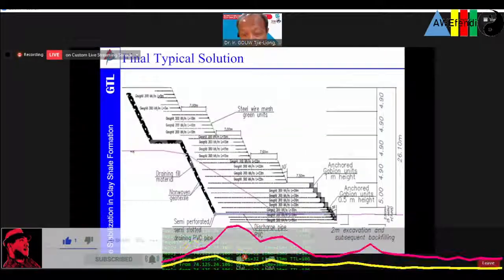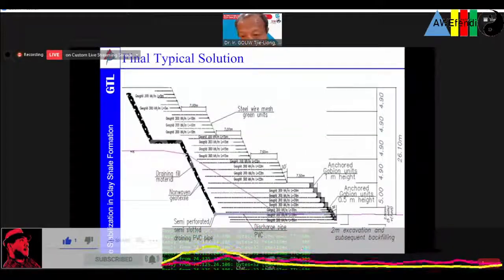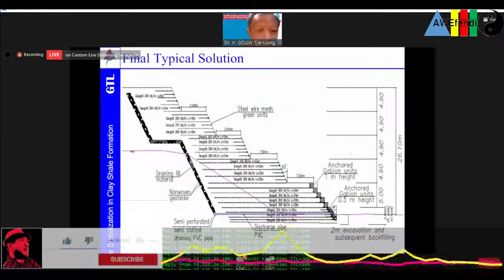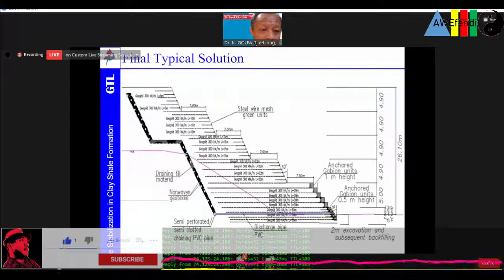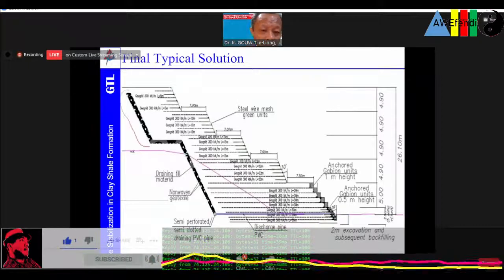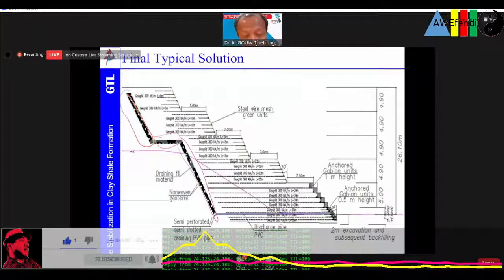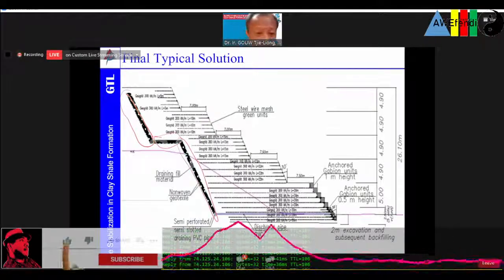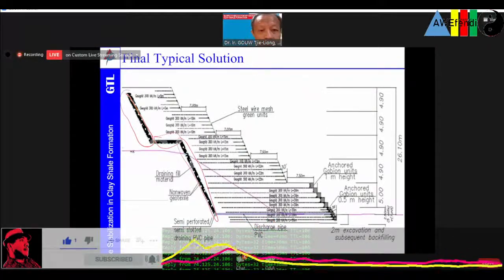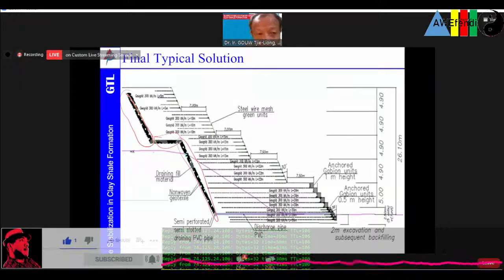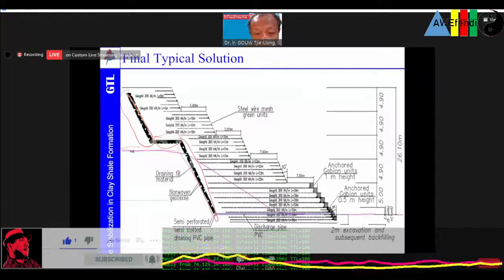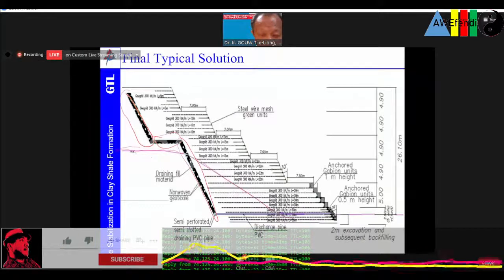So this is the layout of the construction for the 26-meter high slope. We have drainage behind to stop any groundwater flow from the cliff behind. This is the original condition, the clay, the original ground actually.